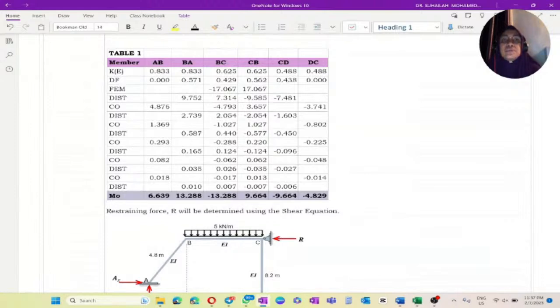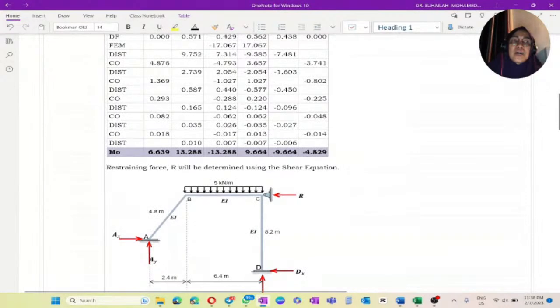There is no delta, because we have removed the delta by putting an imaginary support at C, so that the frame is properly restrained. So all the 6 values represent the member end moments. We have M0 for the end moment, with 6 values for members AB, BA, BC, CB, CD, and DC.